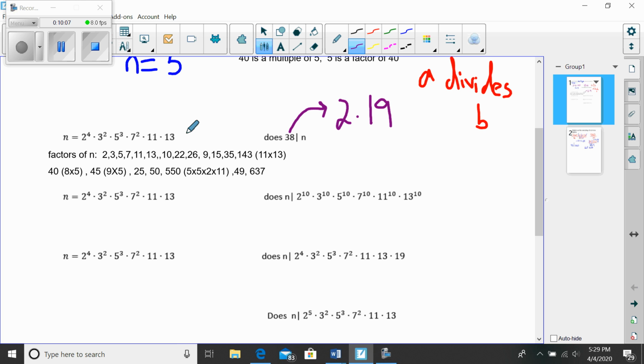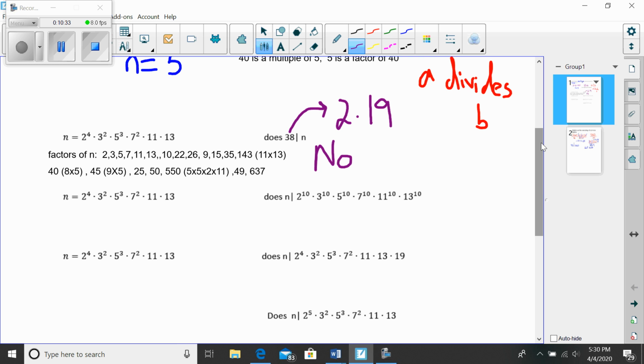Okay, therefore 38 does not divide n, right? n has no factor of 19. So every prime factor that I have in my divisor has to be present in n, right? Otherwise, I have to say that this divisor does not, in fact, divide n.